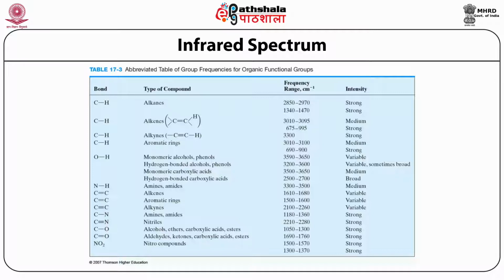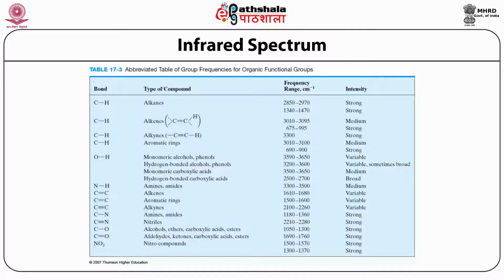And if you take the other bond, like OH, it may be associated with a monomeric alcohol like a primary alcohol, a hydrogen-bonded alcohol or phenol, a monomeric carboxylic acid, or hydrogen-bonded in a carboxylic acid. It shows variable intensity in the different regions.